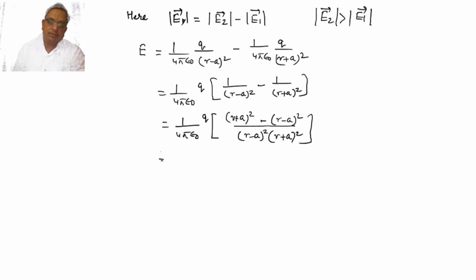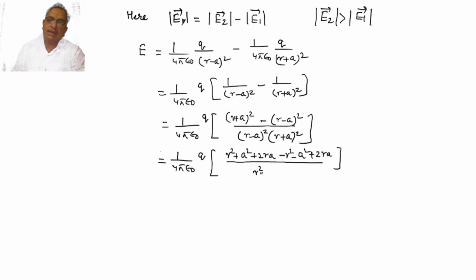When you open it, it becomes R square plus A square plus 2RA minus R square minus A square plus 2RA, and in the denominator it will be R square minus A square whole square.